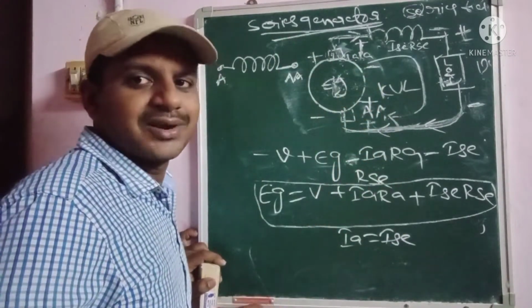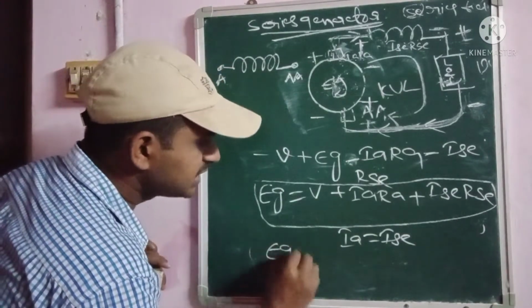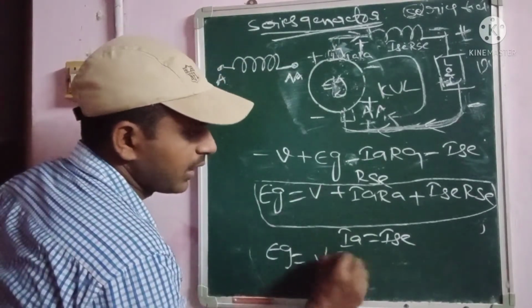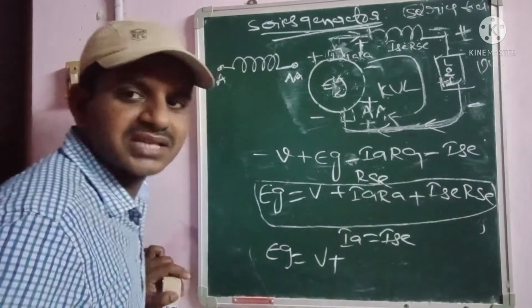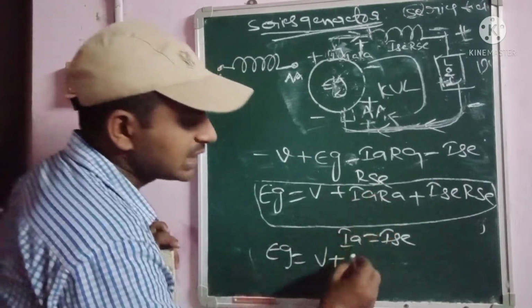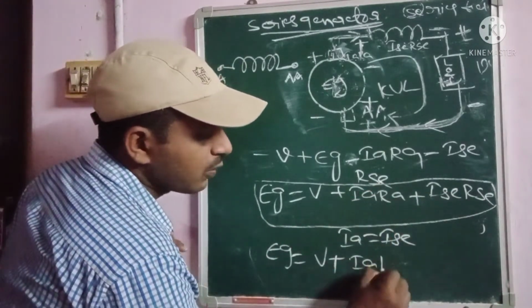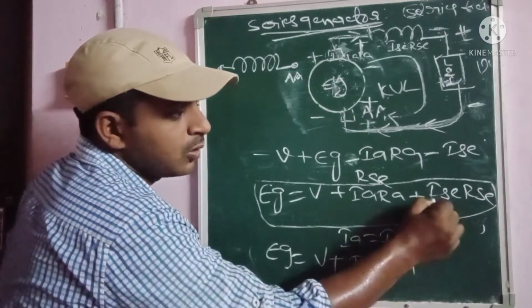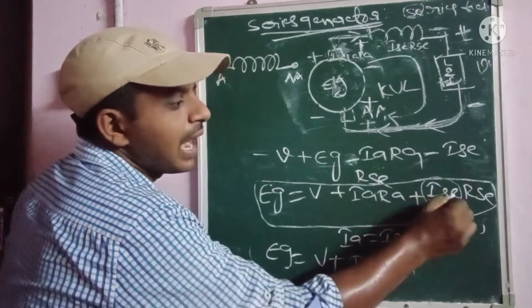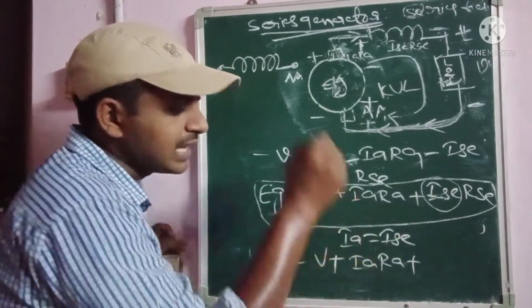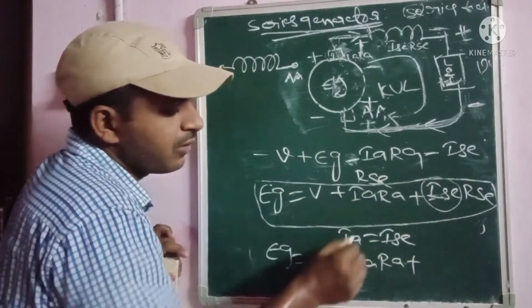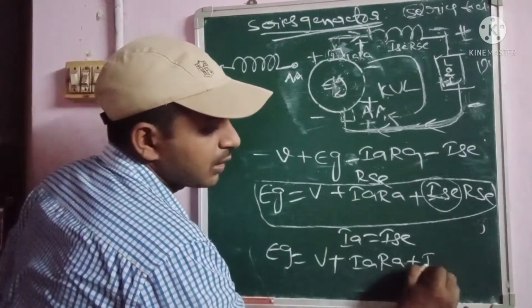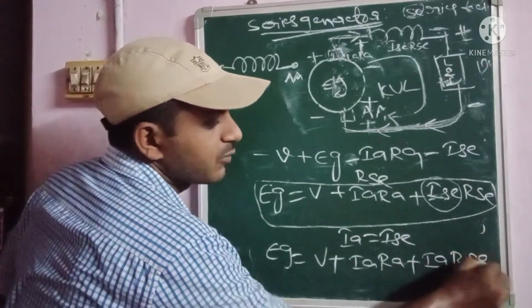So Eg is equal to V plus Ia into Ra plus Isc into Rsc, and here Ia is equal to Isc. So instead of Isc, if we place Ia, then we get Ia into Rsc.